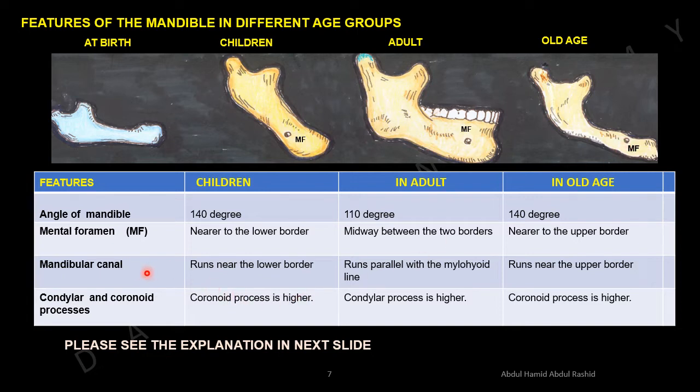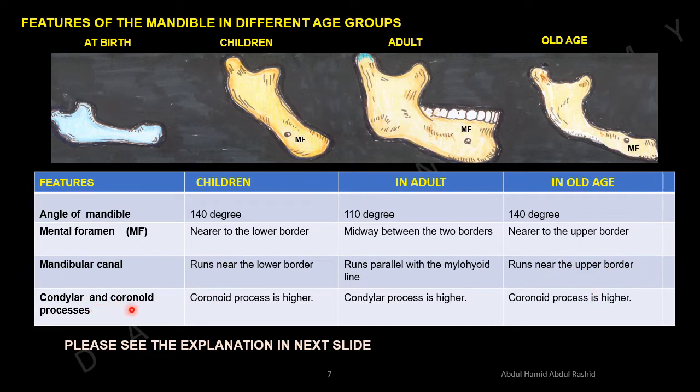Next is the mandibular canal. In children, it runs near the lower border. In adult, it runs parallel with the mylohyoid line. And in old age, it runs nearer the upper border.